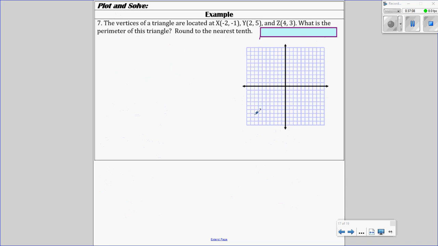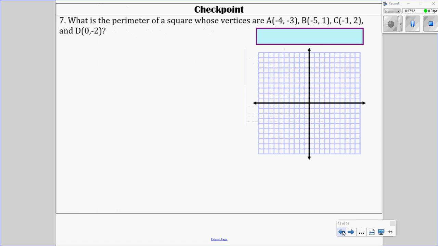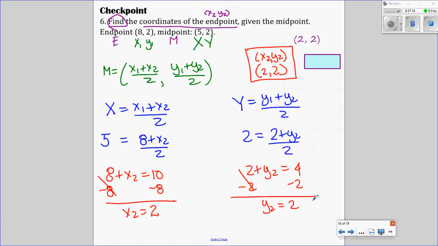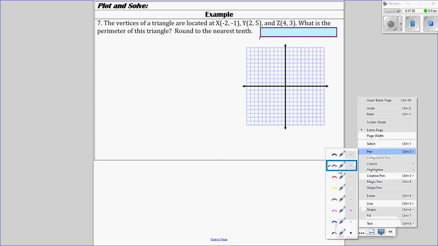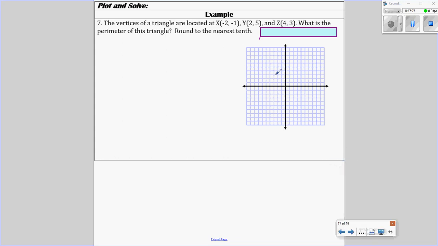All right. So now, let me see this. There's 2 examples of this. All right. So we have a graph. There'll be other times they're going to give you a graph. You're going to have to plot your points, and then you have to find. This one is the perimeter. So I'm going to plot my points. They gave me x as -2, -1.